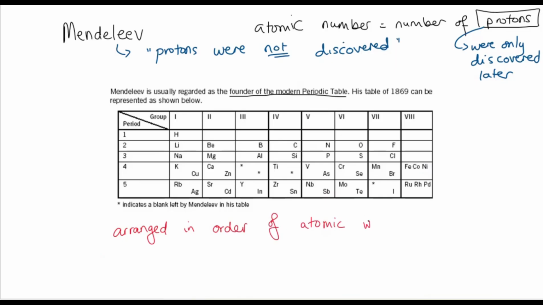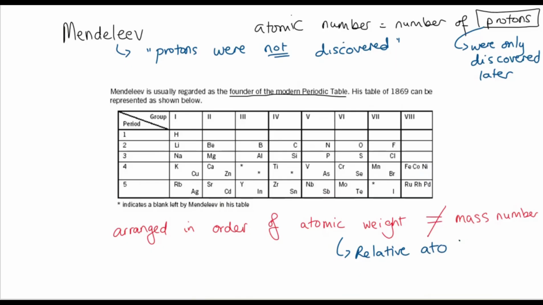Atomic weight is not the same as mass number, because mass number is the number of protons and neutrons, which weren't discovered at that time. Atomic weight is our relative atomic mass.